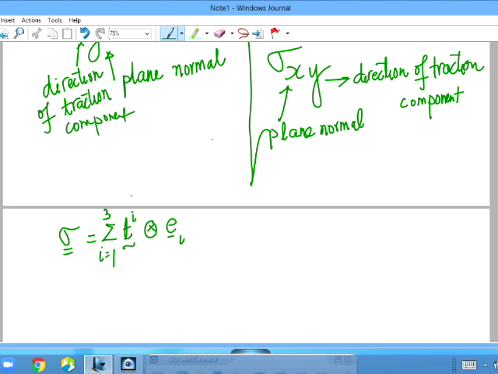So when you write this in the matrix form, then you actually see that sigma ij is Tj dot Ei. So if we use this definition of the tensors and write things in the matrix form, then indeed j here denotes the plane normal and i denotes the direction in which we are measuring the traction component.